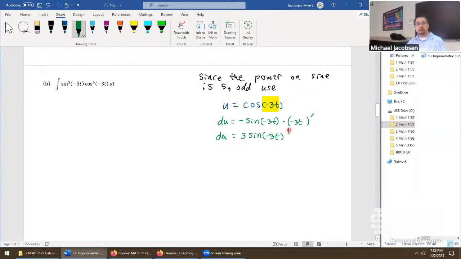Now, this is not integration by parts, so for u substitution, we usually take this 3 here, move it out front to a 1/3 du equals sine negative 3t, and another omission here is we do need the dt for a full-on differential. Sorry for those weird omissions.